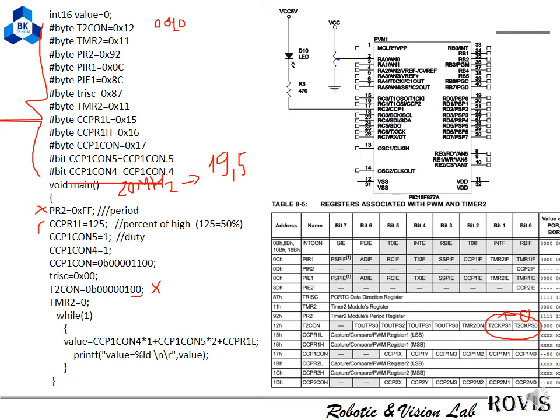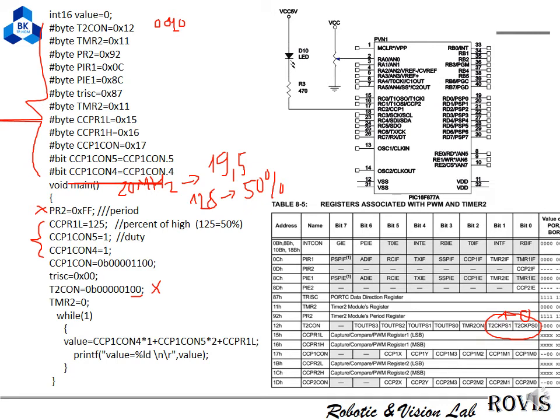And the percentage of the high is this value. We set it to 128, so from the calculation we know that it is 50% high and 50% low.